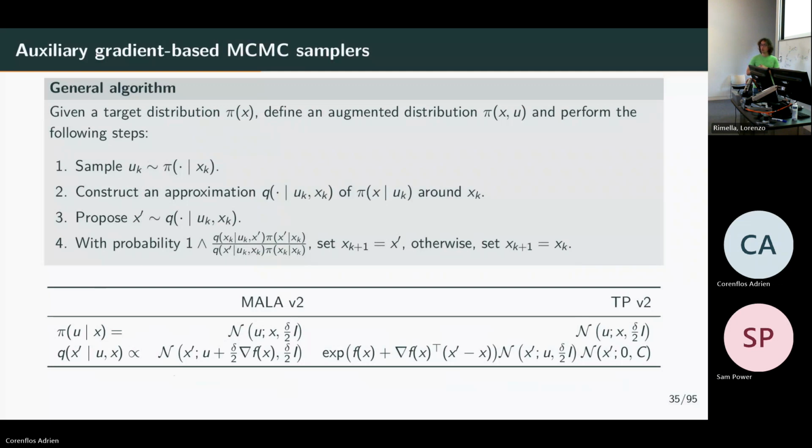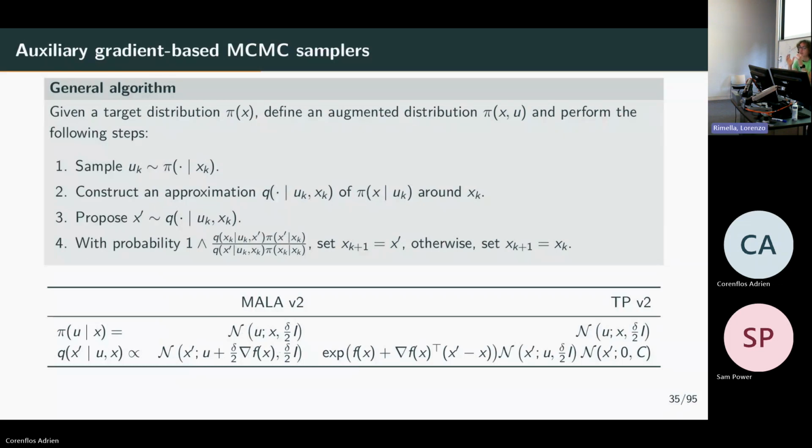It's really this idea that if you look at your target distribution even close to point x, it might not be very Gaussian. But once you've introduced that auxiliary variable and you're looking at x given u, it makes it more Gaussian. That's fairly easy to see, because this x given u term is going to dominate the actual target for a small delta.